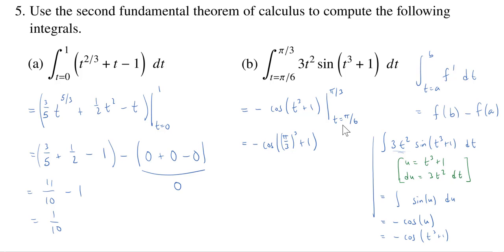And then we need to subtract, and because there's already a minus, this will become a plus, cosine of pi over 6 cubed plus 1. I'm not going to go any farther than that because I don't know how to simplify these at all. I can make this pi cubed over 27 plus 1, but I'm not going to know how to take the cosine of that. So we're just going to leave it right here. That's as far as we're going to go.